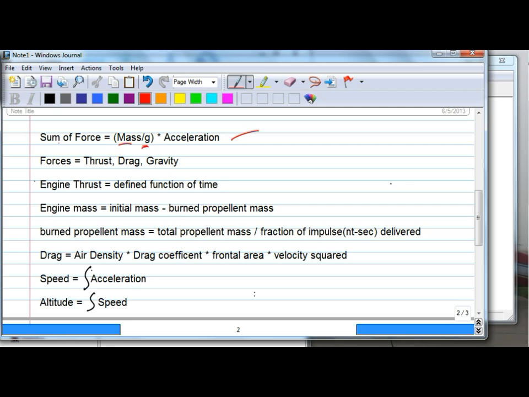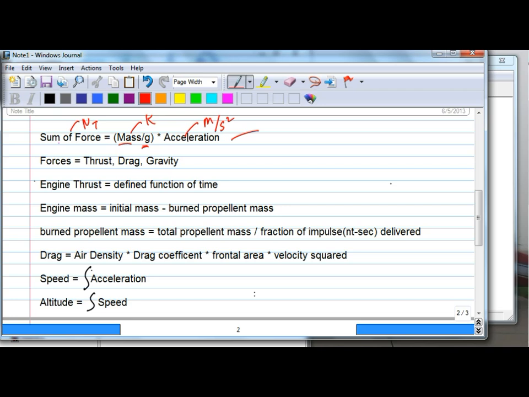Little g here is really the conversion from mass to force. Because if you look at this equation, the units on this side could be newtons, the units of mass could be kilograms, and acceleration is meters per second squared. The units don't balance, right?